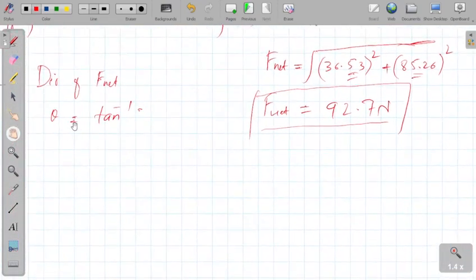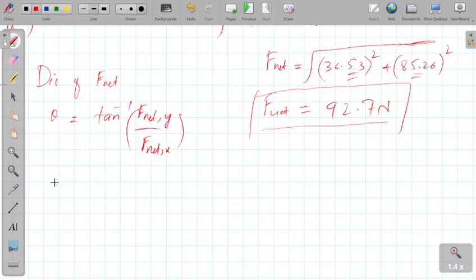The formula is F net Y, the net force along the y-axis, divided by the net force along the x-axis. This is the very basic formula to find the direction of any vector.